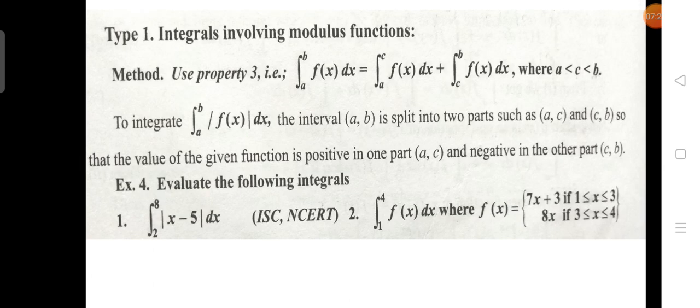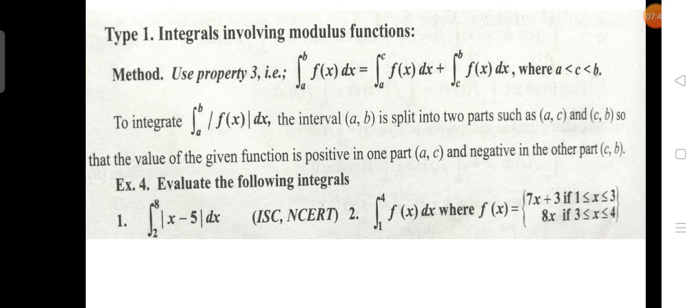And next are some properties which we use for doing these questions. Integrals involving modulus functions. The method is, you use the third property here.